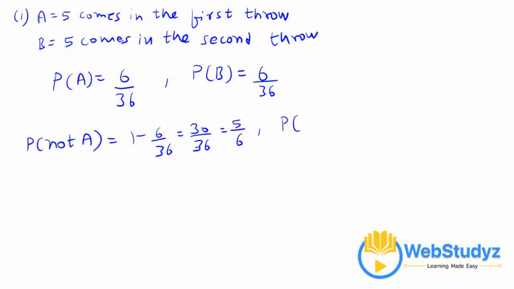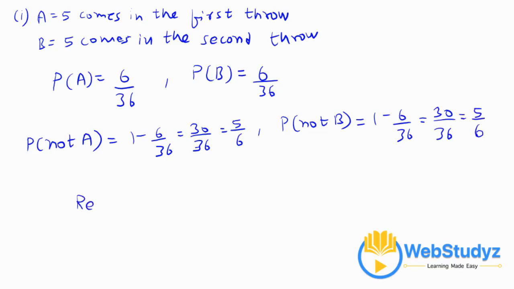Again, the probability when 5 does not come in the second throw, which is probability of not B, is equal to again 1 minus 6 by 36, which is equal to 30 by 36, which comes out to be 5 by 6.